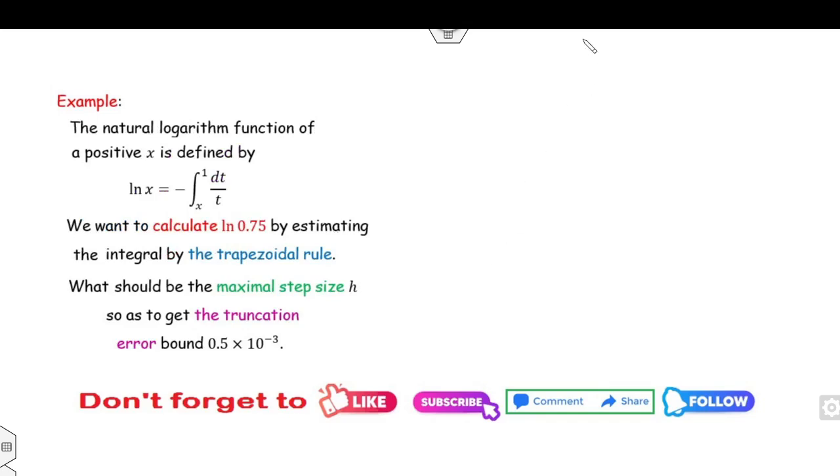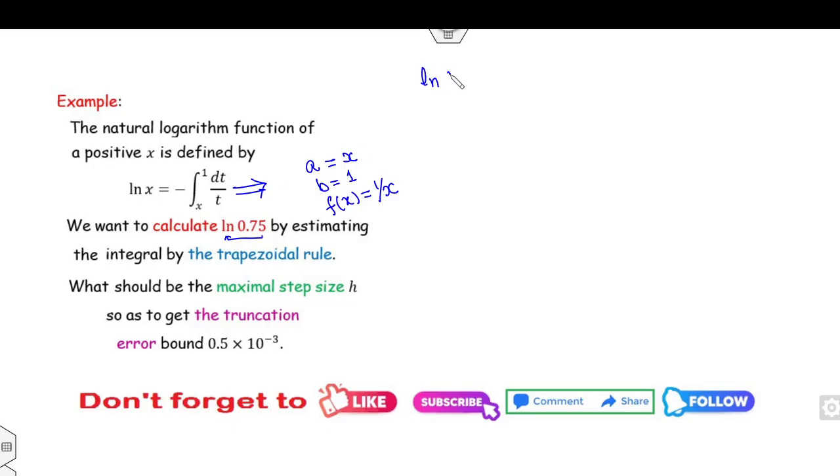Look at one more example. The natural logarithm function of the positive part is defined as this. If you look at this part, a is x, b is 1, and f of x is 1 over x. We want to calculate the function ln of 0.75.